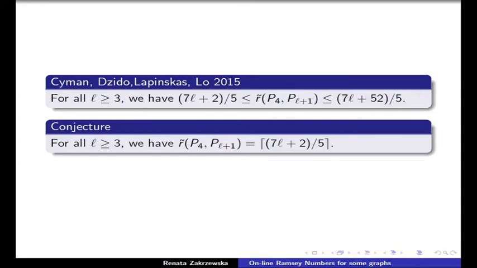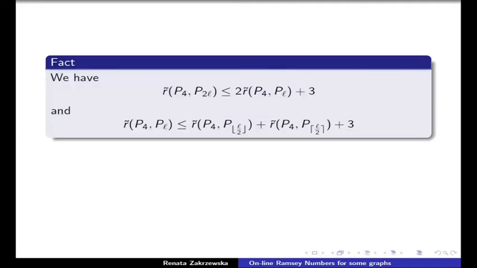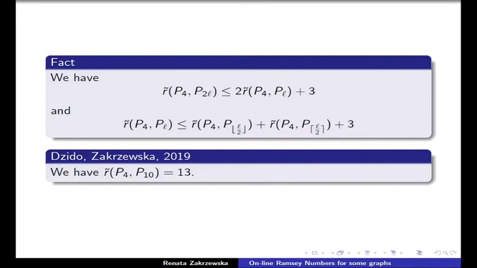We have a conjecture, and we have these two inequalities for the online Ramsey numbers of P4, P_WL and P4, P_L. In 2019, we proved that the online Ramsey number of P4, P10 is equal to 13.